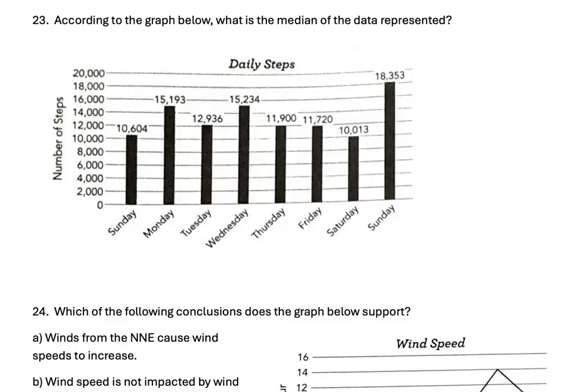It tells you exactly, this bar looks like it's a little over 10,000, but it tells you the number of daily steps taken on Sunday. And this is the number of steps on Monday, and so on. To find the median, remember you have to order the data. We've got to put these numbers in order from least to greatest.